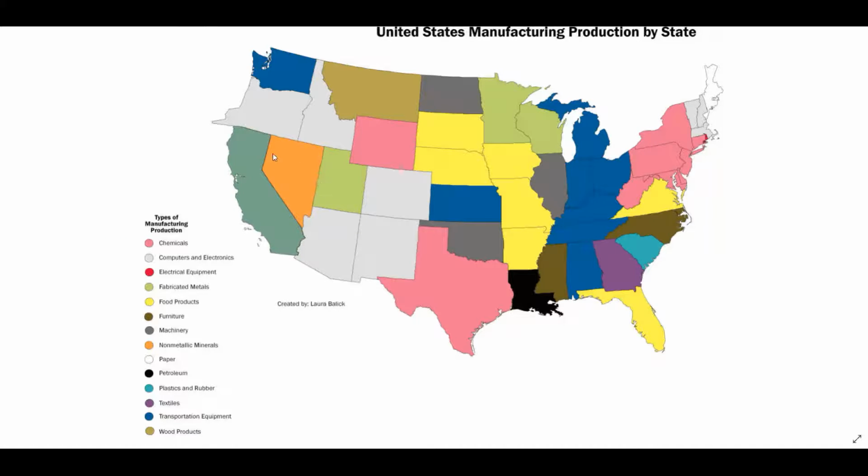The one right beside it, this is Nevada. Some people say Nevada. I say Nevada. It's orange. Non-metallic minerals. Let's look over here. Florida's yellow. All these yellow ones right over in here. Food products. Oh, they produce food products. So this is a map that shows what kinds of things are manufactured and produced in each state.